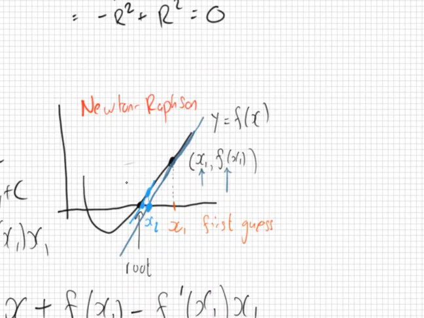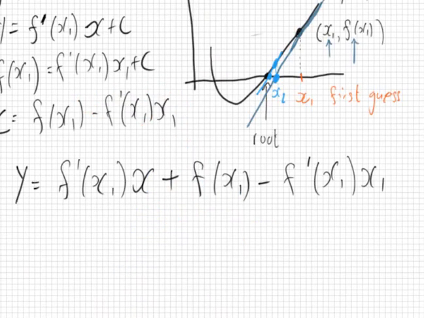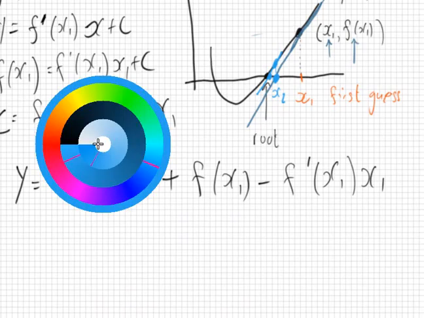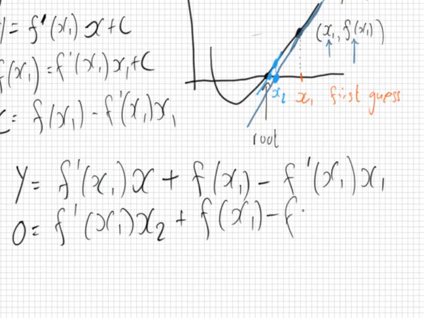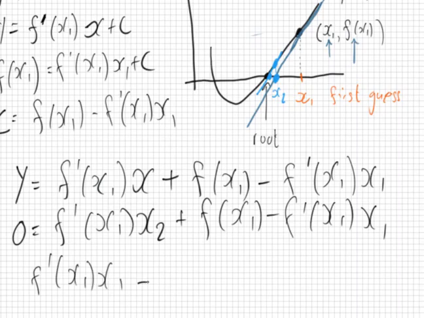So what is the root of this tangent line? Well, you just put y equal to 0. So y equals 0. And I'll call the solution x2. So I'll replace x here with x2. So taking everything to the left, I get f'(x1) x1 minus f(x1) equals f'(x1) x2.